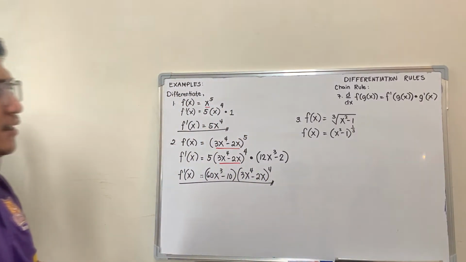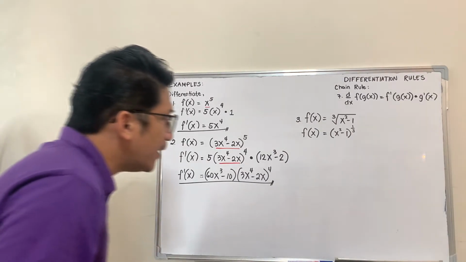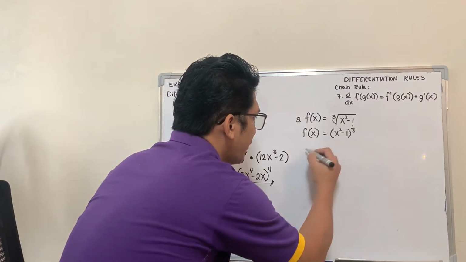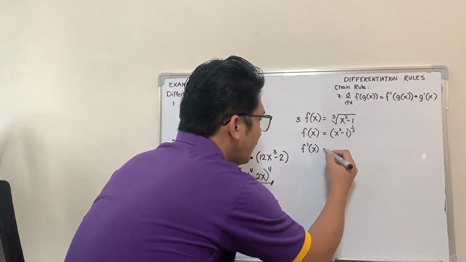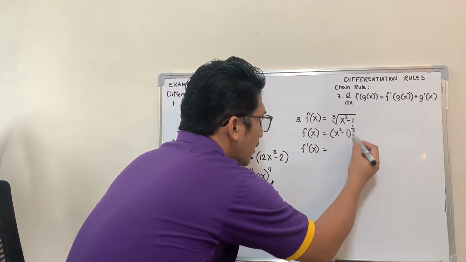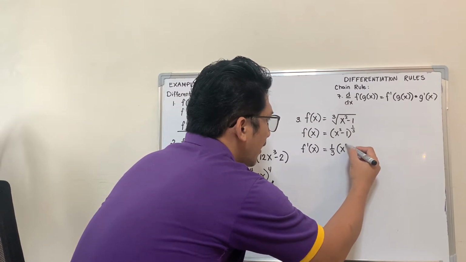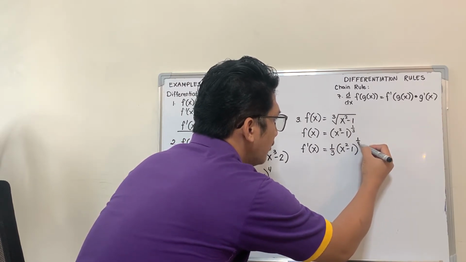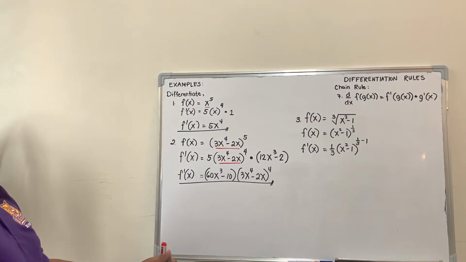From there, the same concept, we apply the power rule. Our exponent is 1/3. So this time, I put f prime. So f prime of x, applying the power rule, is 1/3 times x squared minus 1. The exponent 1/3 is always subtracted by 1.